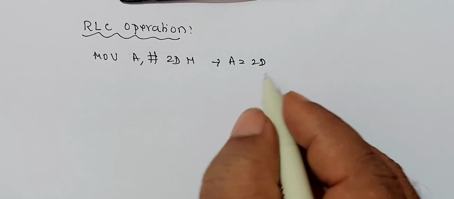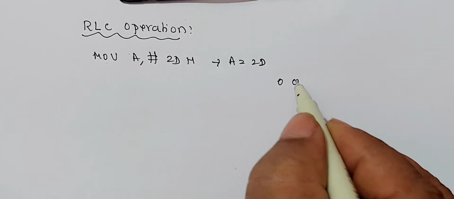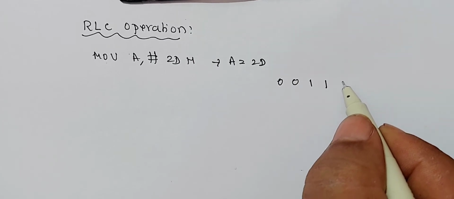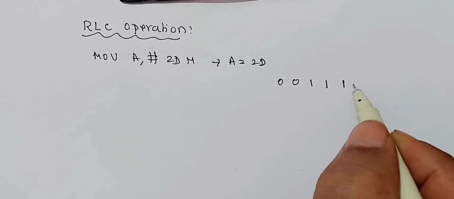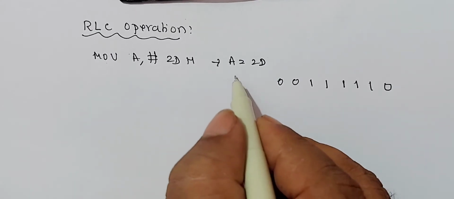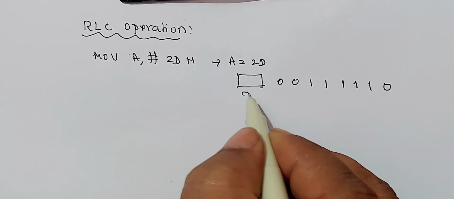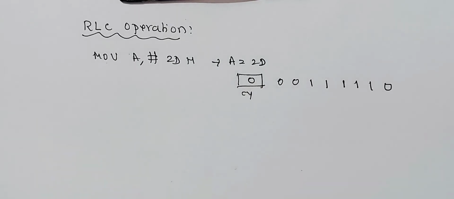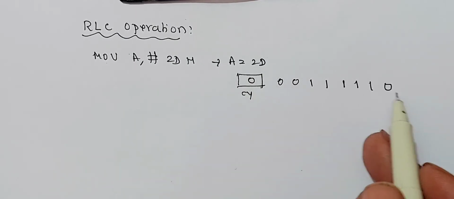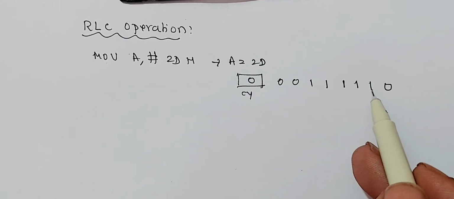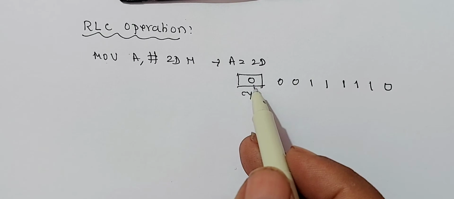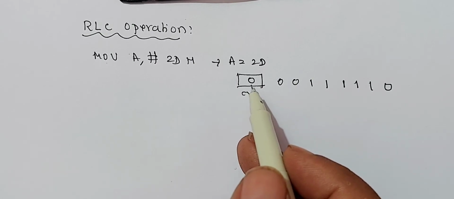What is 2D? 2 means 0, 0, 1, 0. D means 13, that is 1, 1, 0, 1. And assume that the carry is 0. When carry is not represented, it is 0. 2D in 8 bits is 0, 0, 1, 0, 1, 1, 0, 1. Carry 0. Assume that the initial value of carry is 0.